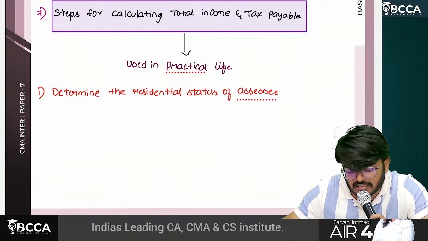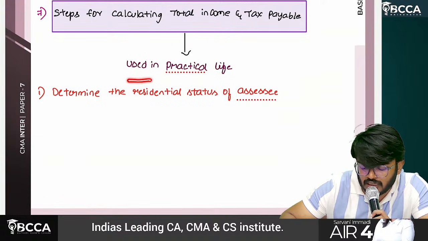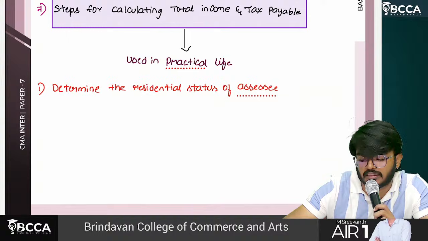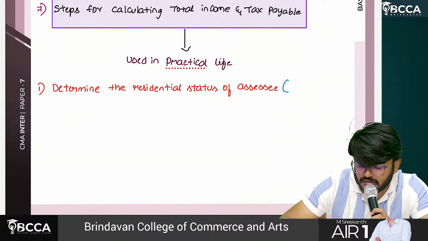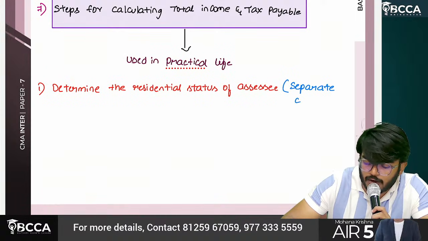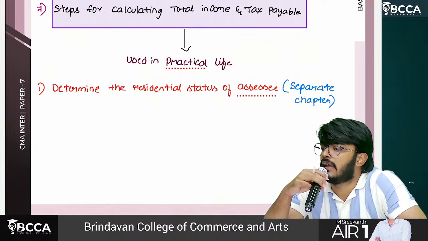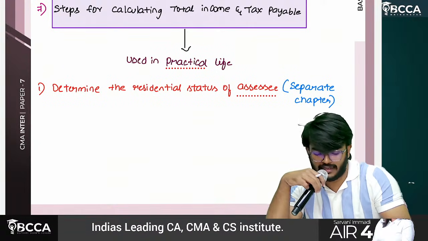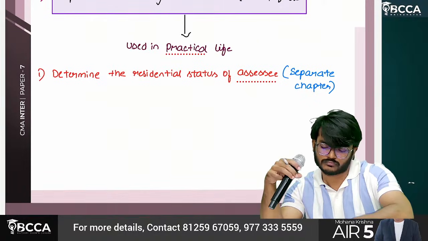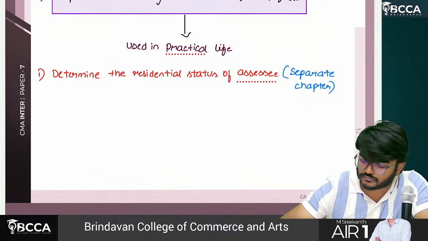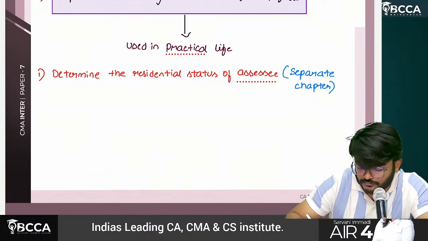First step is you have to find out the residential status of the assessee. For this, we are having a separate chapter. There we will understand how to find out the residential status of a person. This is your first step.